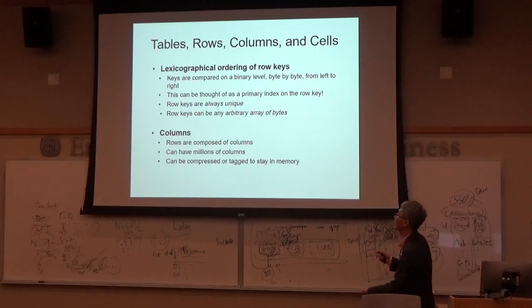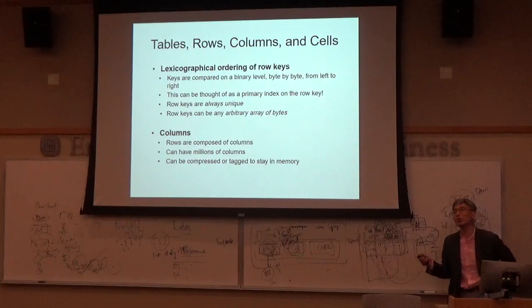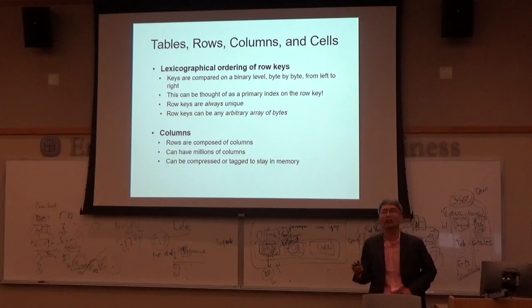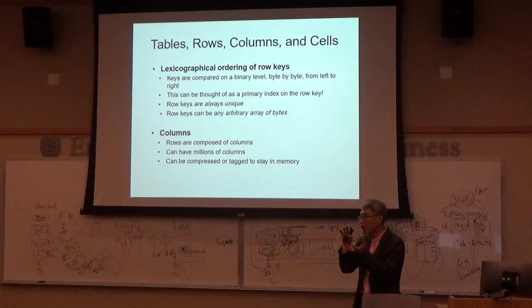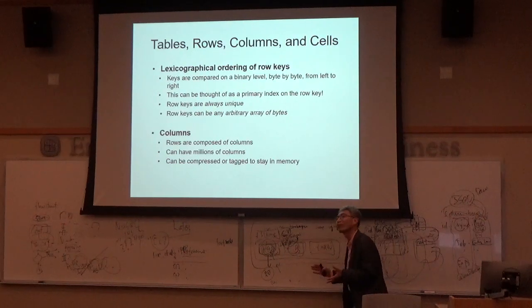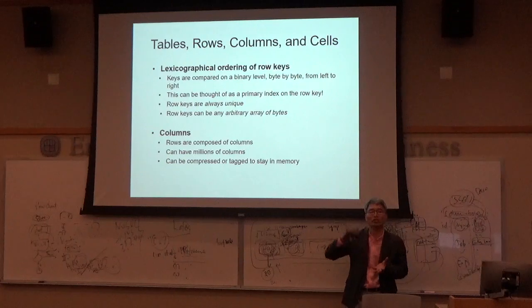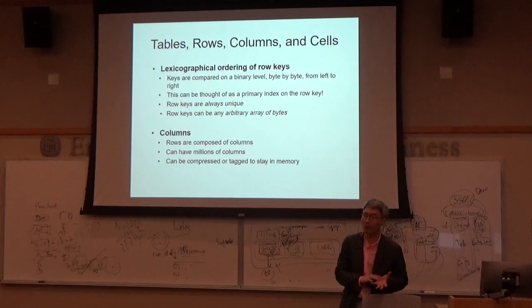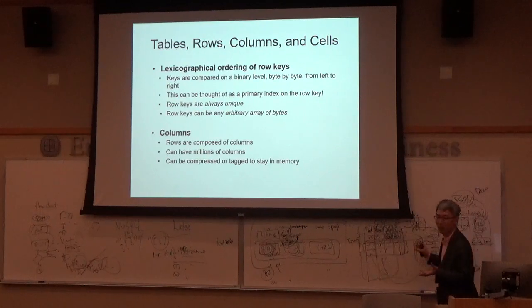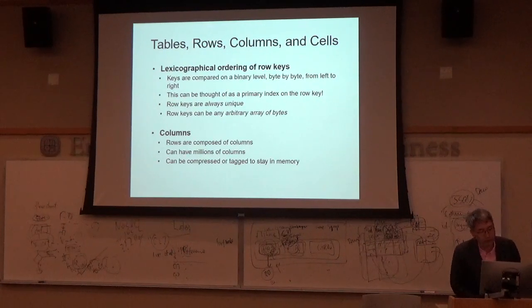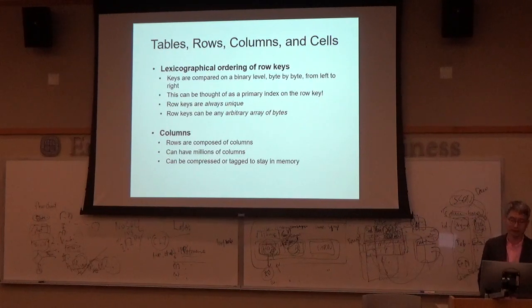HBase does this automatically. Then such a row key can be used as the primary key. It's not the same data structure as a primary key index, but very similar. So somebody may say HBase supports the primary key, but actually it's a row key ordered by number and alphabet.